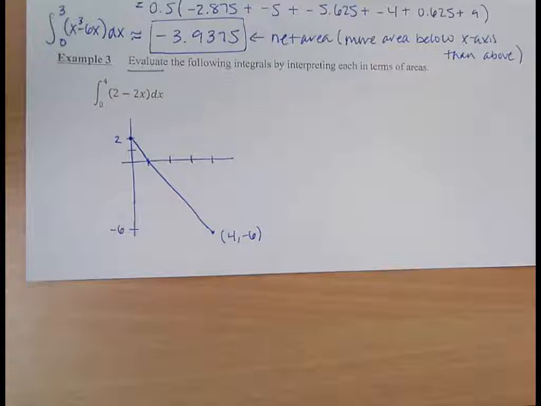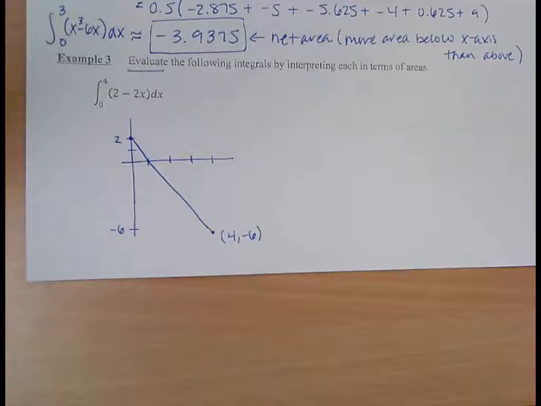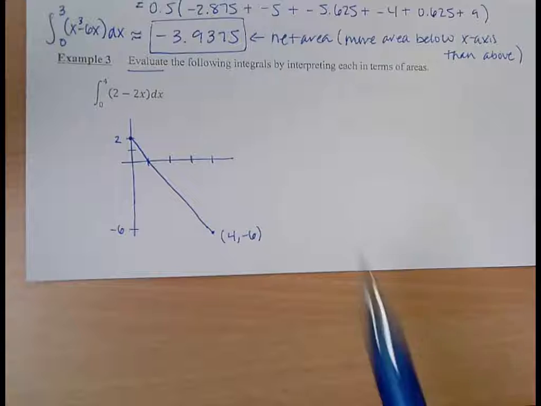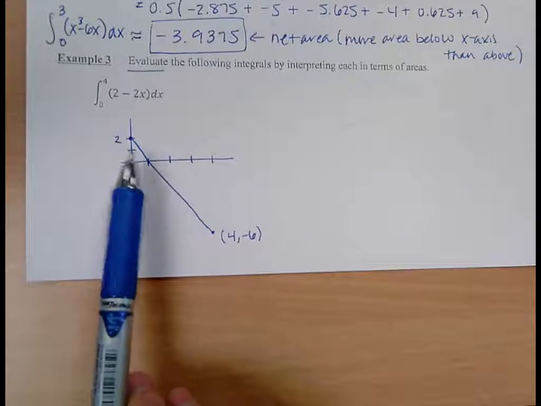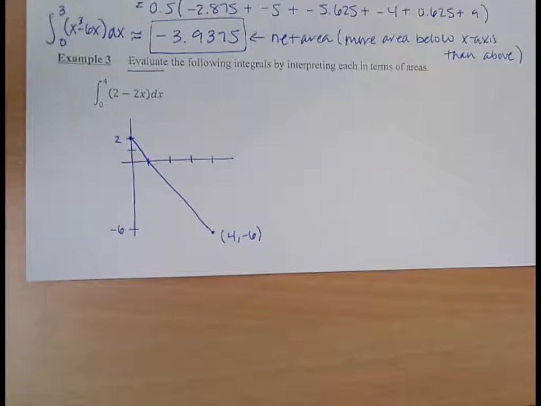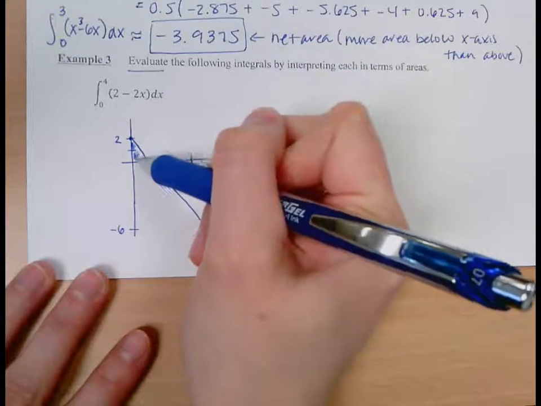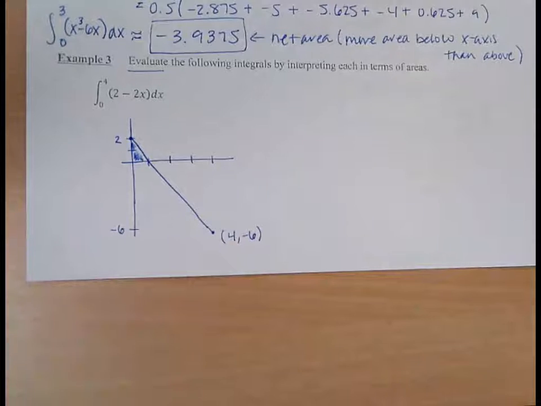So what happens here when directions say, or even if the directions don't say this, right now you're able to do this. If you see, as in this graph, knowing that the integral represents the area between the curve or the line and the x-axis, so we have an area here that is a right triangle.